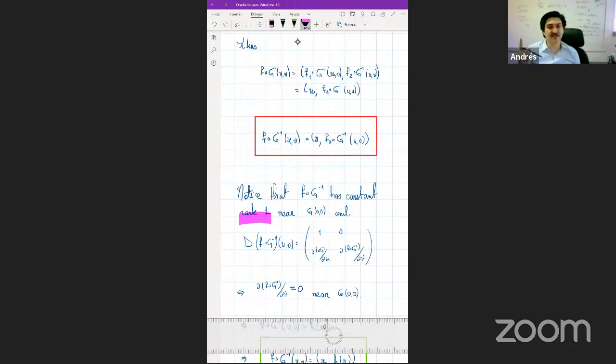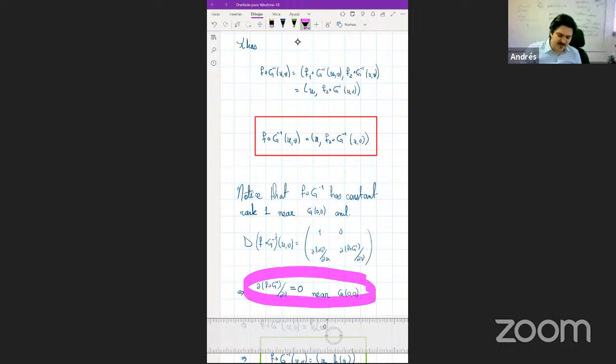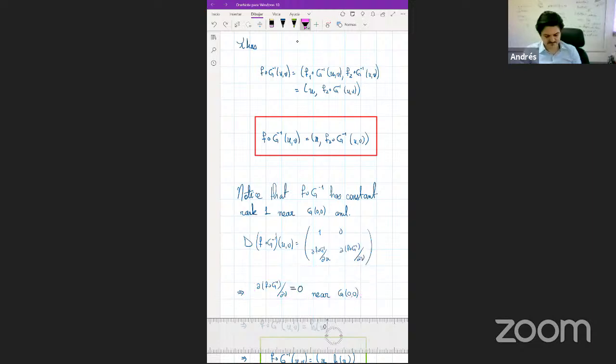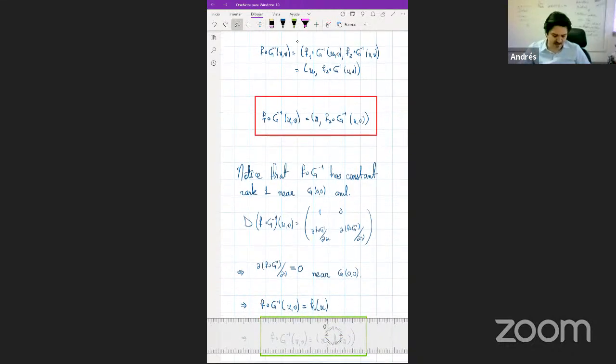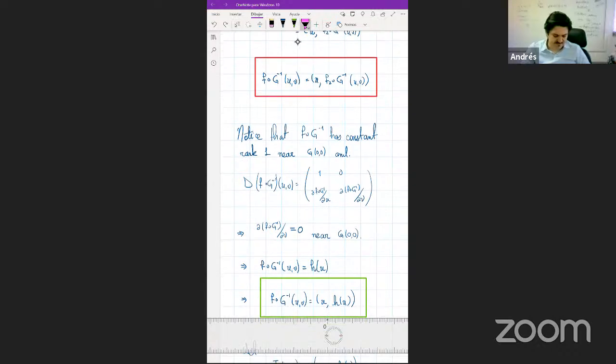So the matrix must be singular. It cannot be non-singular. Otherwise, I will have rank 2. So combining those two observations, I get that this is 0. So that function doesn't depend on v, only on u. And I will write it like that. This function only depends on u.